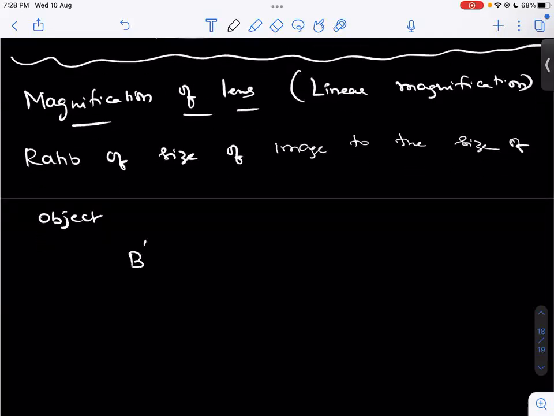So the size of the image is B dash A dash divided by the size of the object, which is BA. This is equal to M.